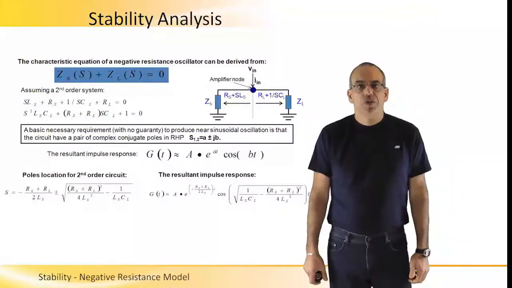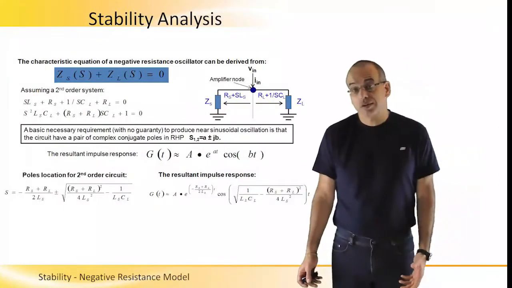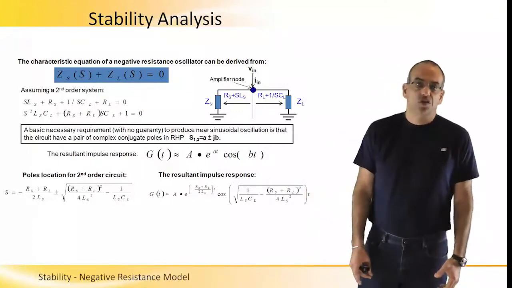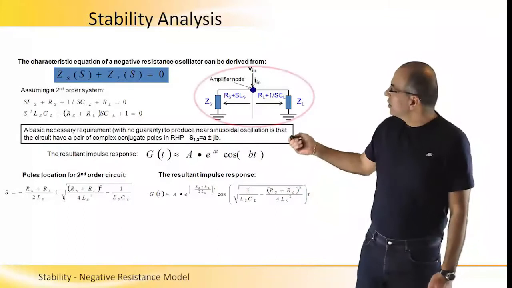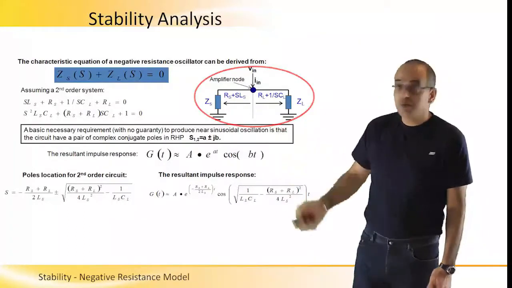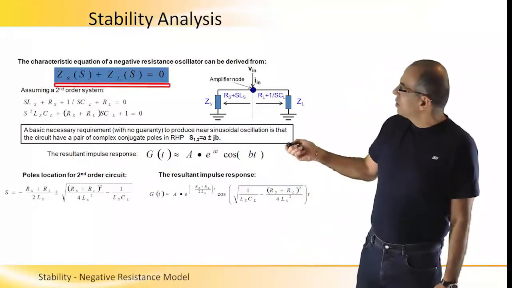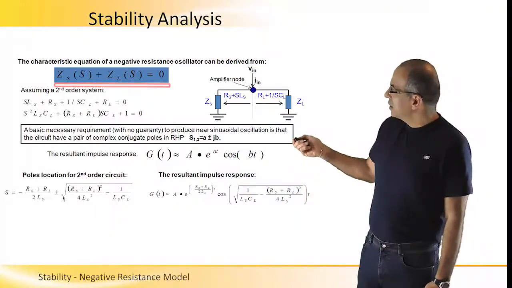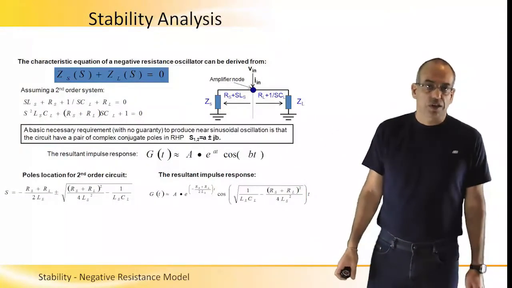In order to better understand the conditions for oscillations to start and the conditions to sustain oscillations, we can look at the same circuit model that we have shown before, and we will look at the characteristic equation of this negative resistance oscillator.